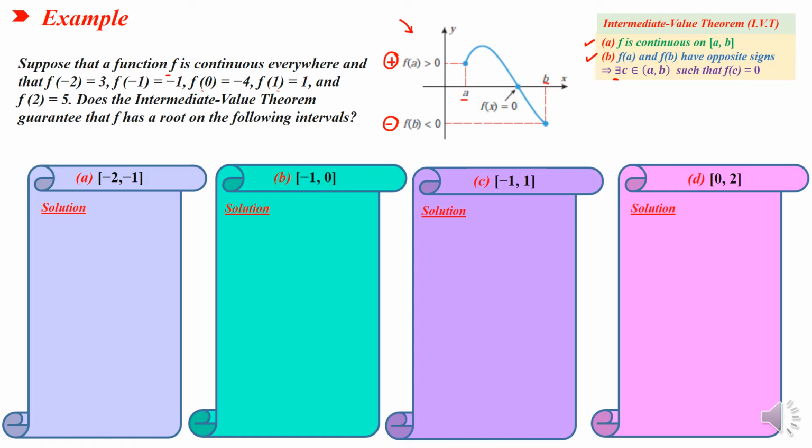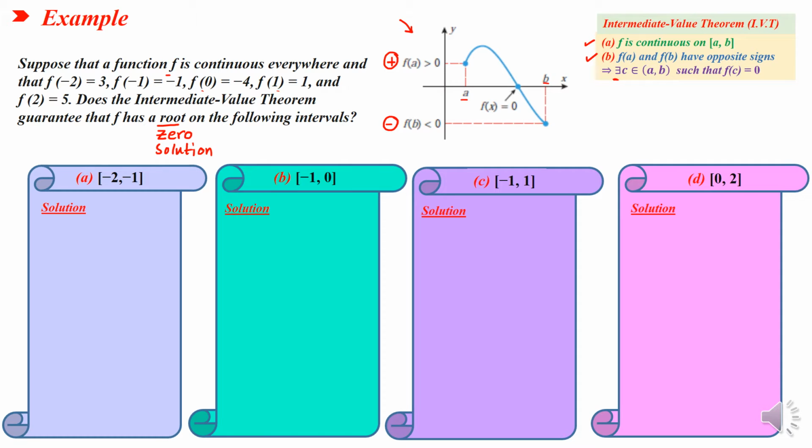Simply, the intermediate value theorem says that 0 is between positive and negative numbers. This is the idea, and I think everyone knows that. It is not a new idea. 0 is between a positive value and a negative value. This is what the I.V.T. says. Now in part A, you have to check if you have a root in the given interval, or we can say a zero on the interval or a solution on the interval.